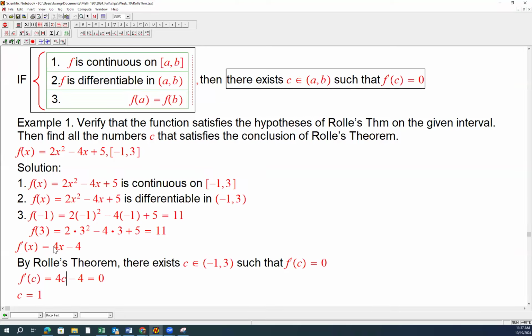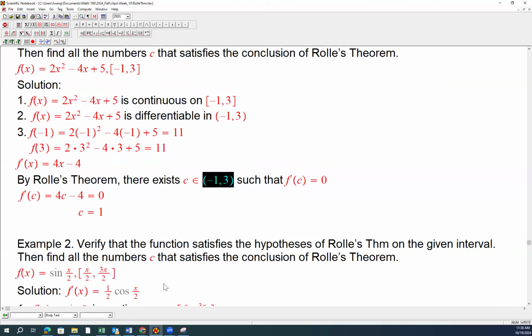That means replace x by c. That's 4c minus 4 equal to 0. So solving this equation for c, we get c equals 1. So c is the number. Obviously, c is inside this interval, so the number is found.